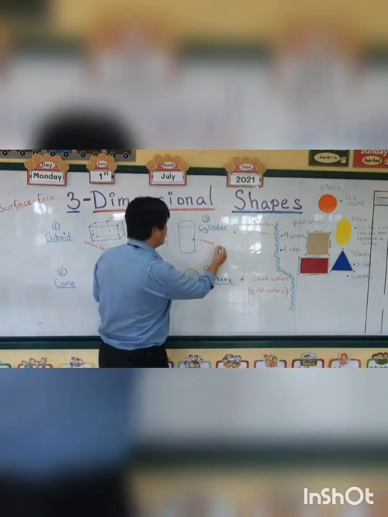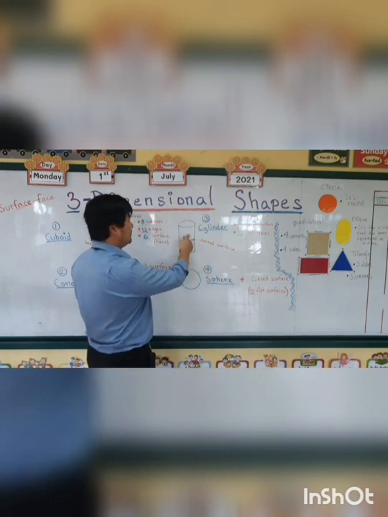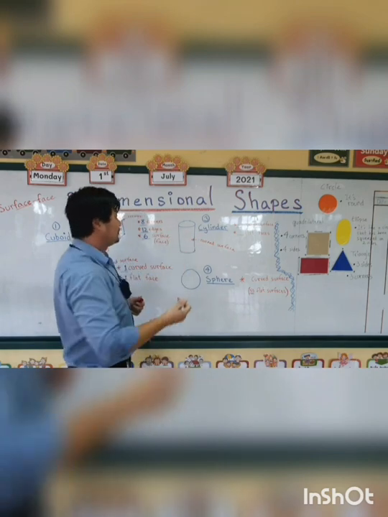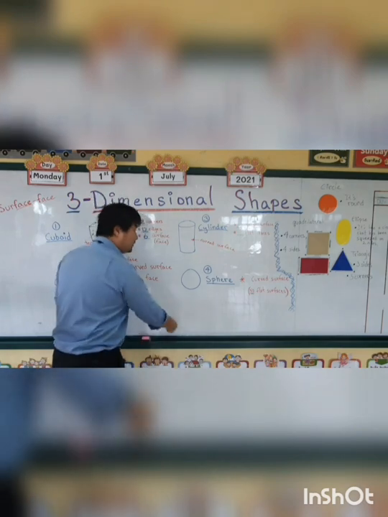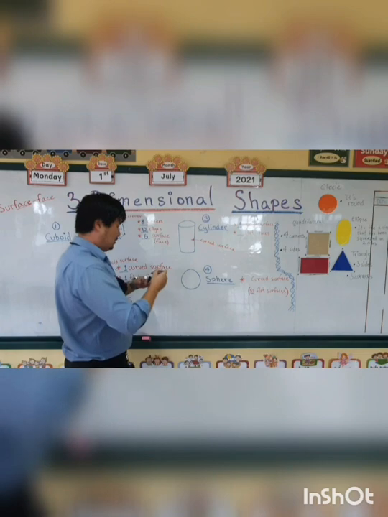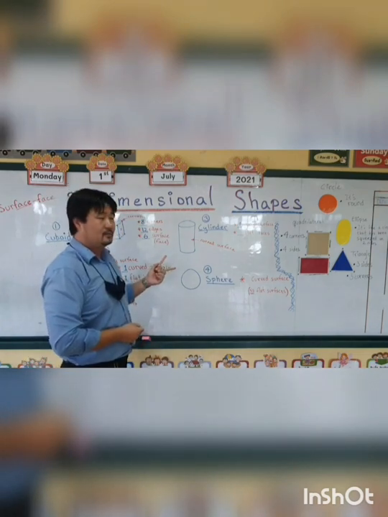Curved surface. Good. That is correct. This is a curved surface that goes all around. Okay? And how many do we have? Only one. That is correct. One curved surface.